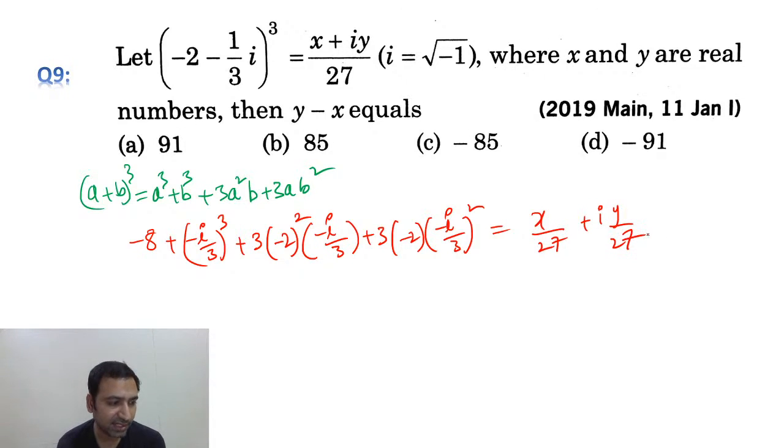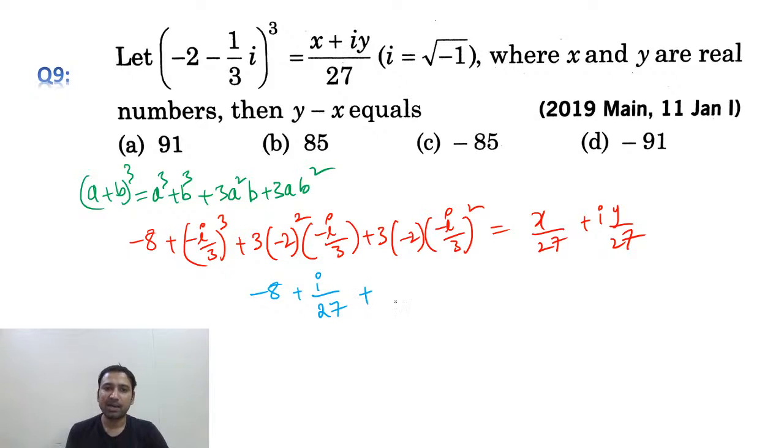Now let's expand this. Let's see what we get. So when we multiply this, we get -8. So tell me, (-i)^3 is how much, guys? (-i)^3 is -1 into i^3. So i^3 is -i. So we can write it finally as plus i/27.